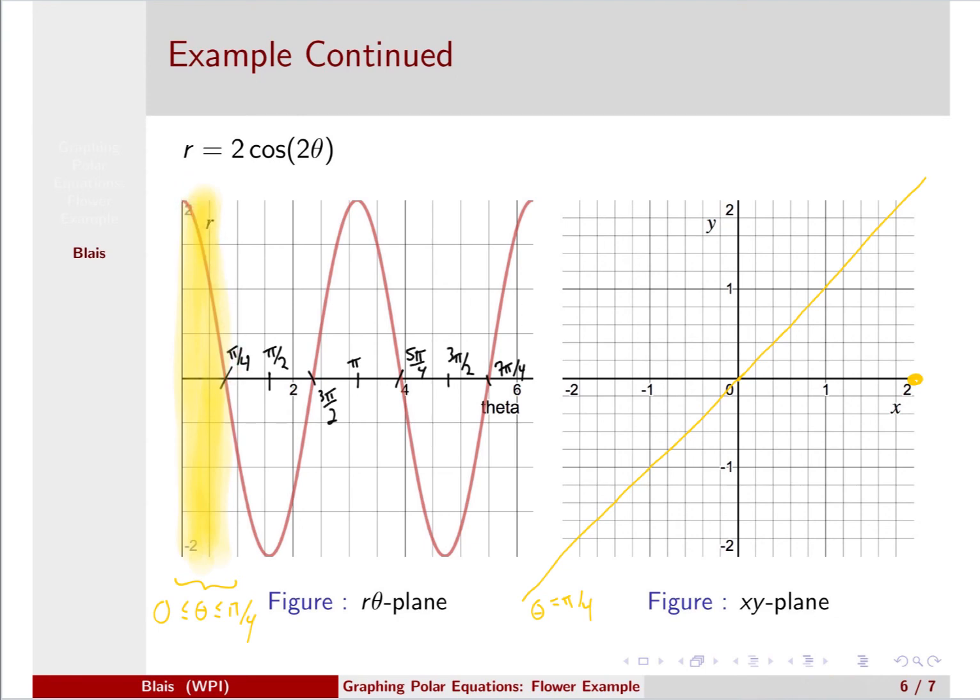So we get something that looks like this. As we increase that theta, we're falling to the origin, hitting the origin actually at r equals 0. So we're doing something like this.